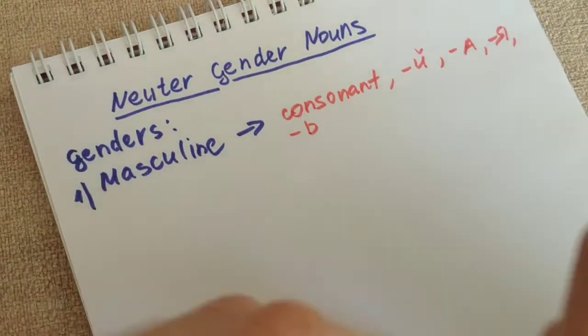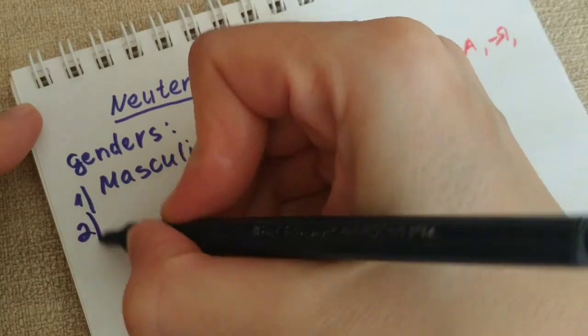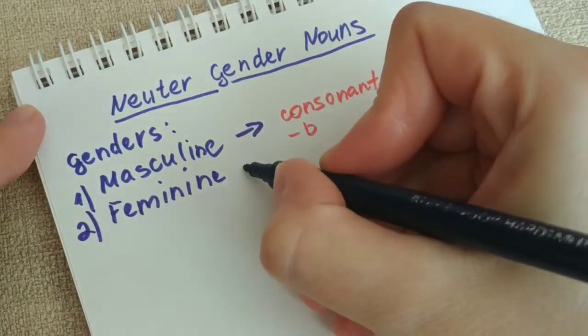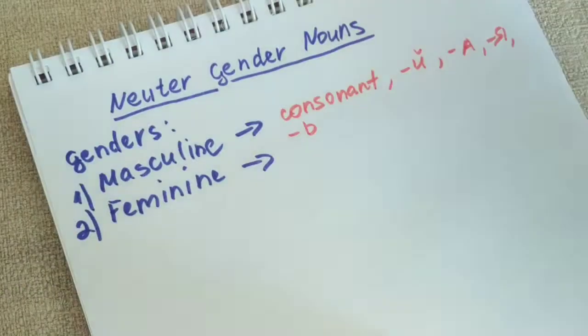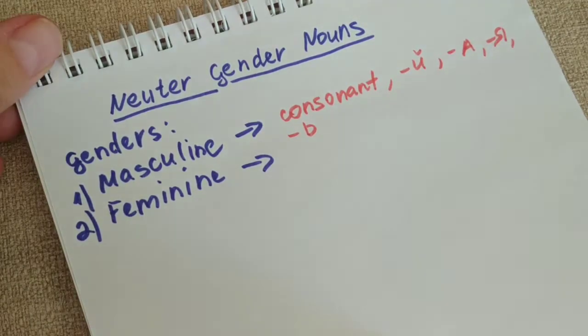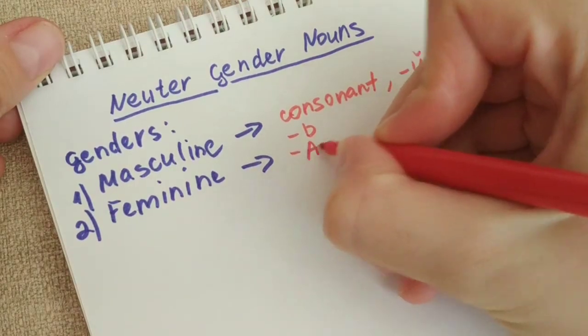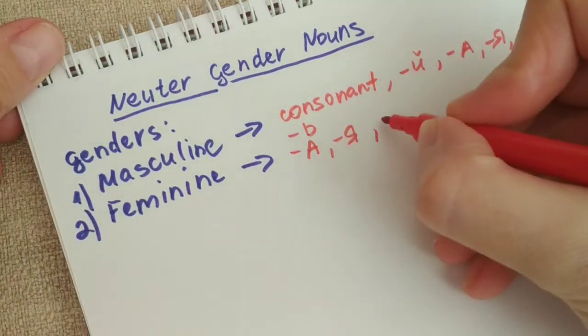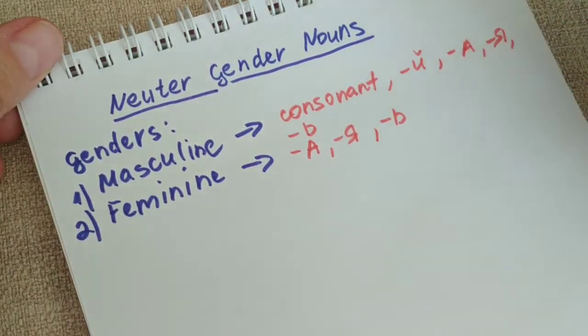Next, the second gender is the feminine gender. This one is a little bit easier because there are not many exceptions, but the nouns in the feminine gender end in a and ya, and also a group of nouns ending in the soft sign also can be of the feminine gender.